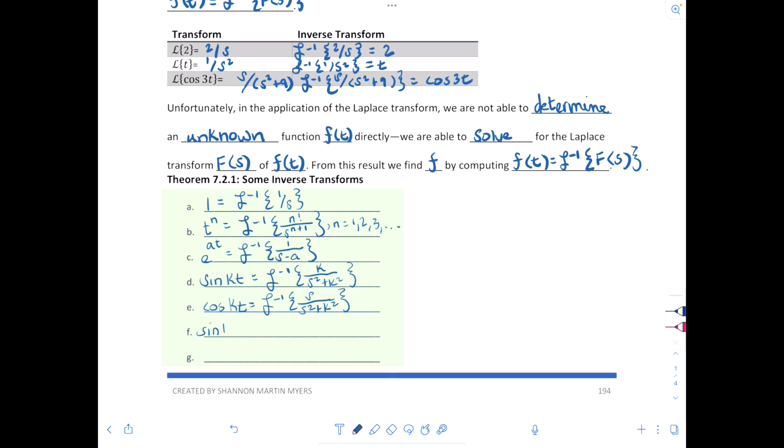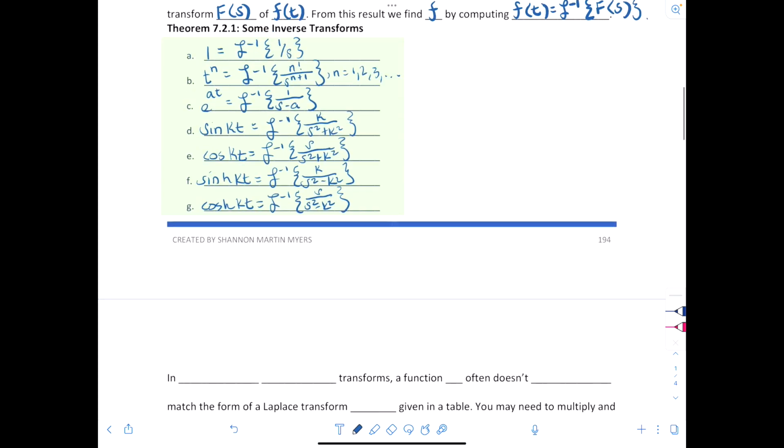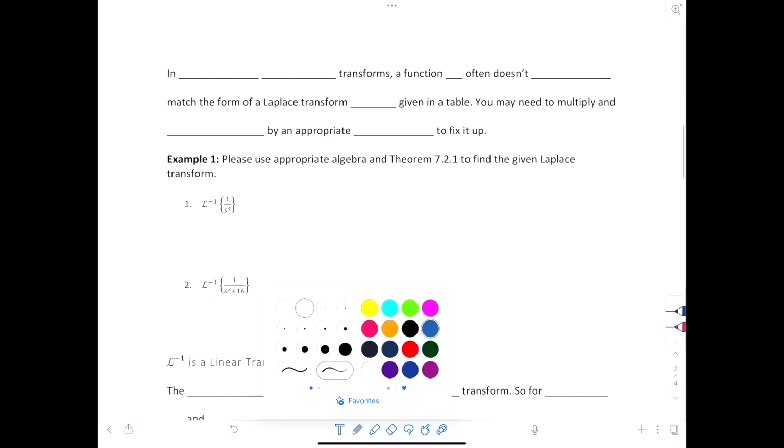The hyperbolic sine at kt would equal that inverse transform at k over s squared minus k squared. And then the hyperbolic cosine at kt would be the inverse Laplace transform at s over s squared minus k squared. Cool, cool?